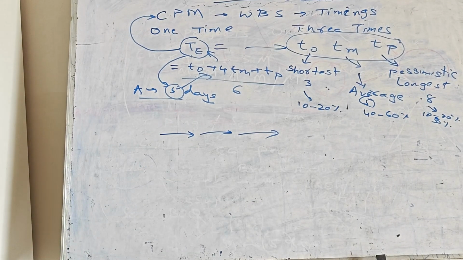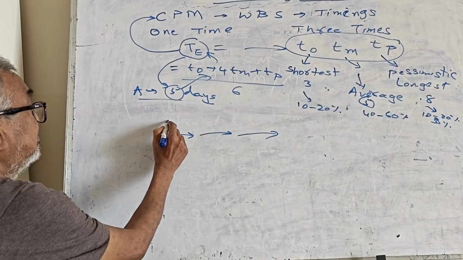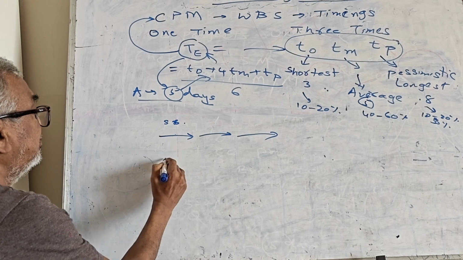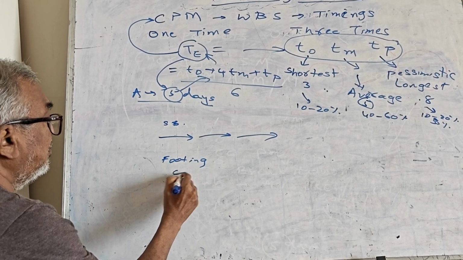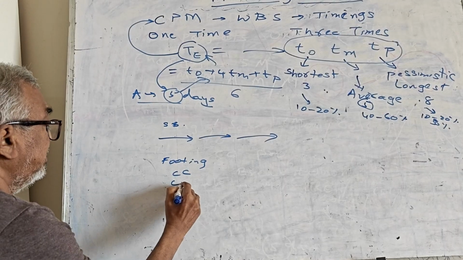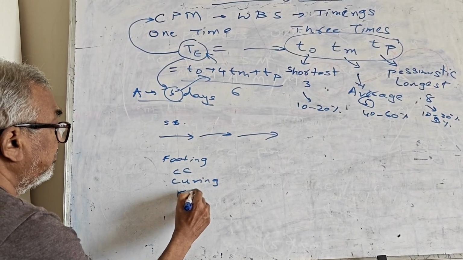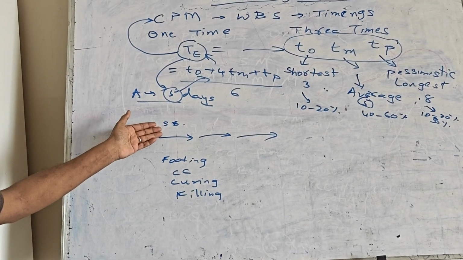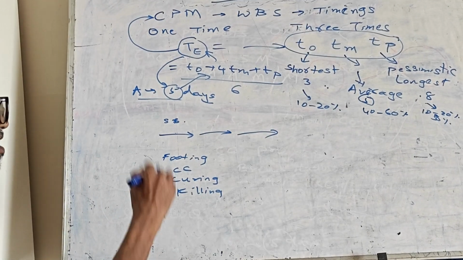Of course, each has so many parts; for example, the substructure itself has footing, then concreting, then curing, then filling back of the soil. So the substructure itself consists of so many sub activities, as I already told.